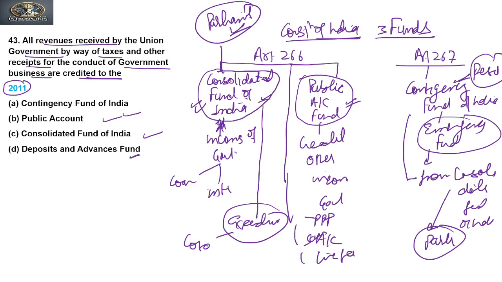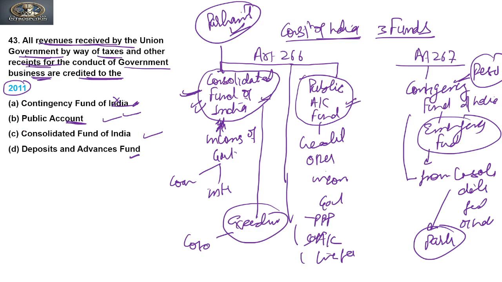So now if you go to the question, all revenue received by the union government by way of taxes and other receipts for the conduct of government business are credited to which fund? The contingency fund is an emergency fund, credited from the Consolidated Fund, so this cannot be the answer. The public account fund is created to credit funds other than these, like PPF or judicial fees.